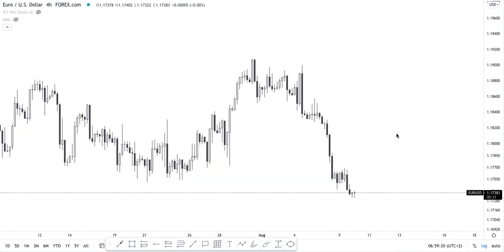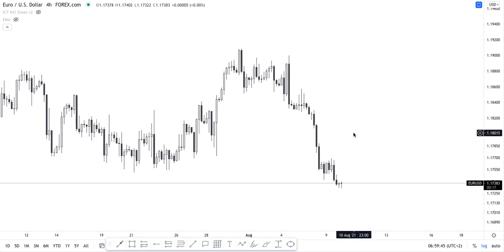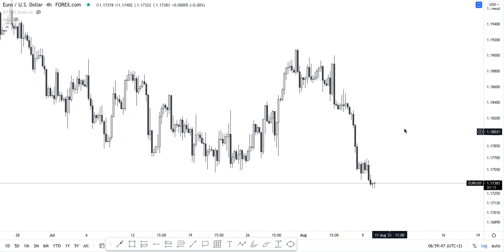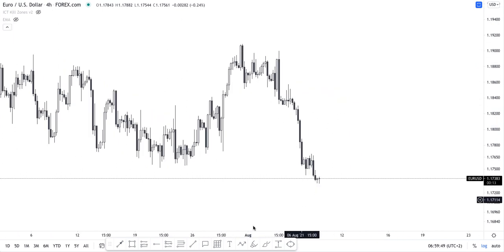So this is the point now where I get confused with the different pairs like GU and EU. Thinking that EU on the 4 hour has been making a nice push towards downside.